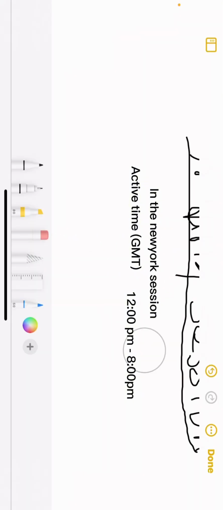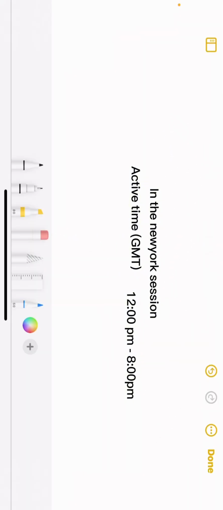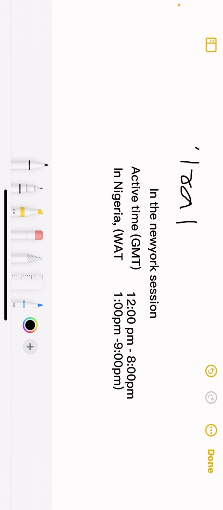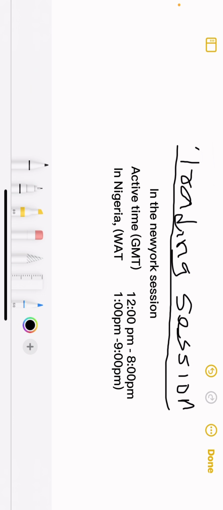But since we are Nigerians, using the West African time, it starts from 1 p.m. to 9 p.m. in the night. So each session lasts for 9 hours. Good, 9 hours. I'm making myself clear.